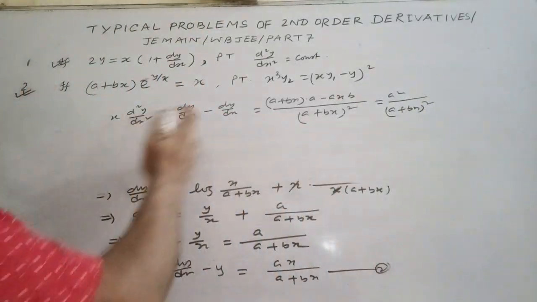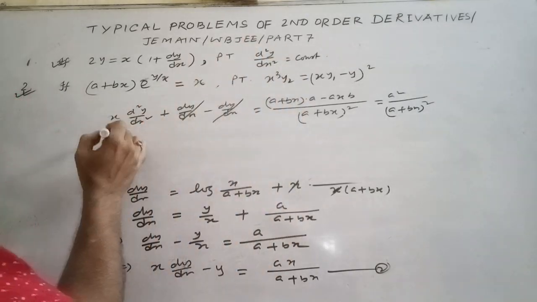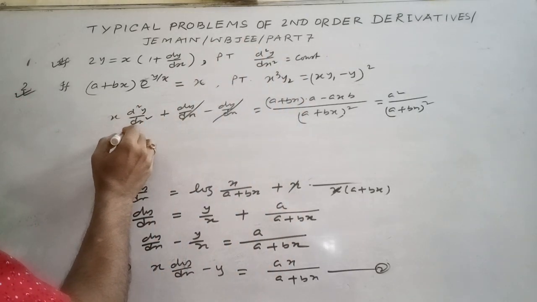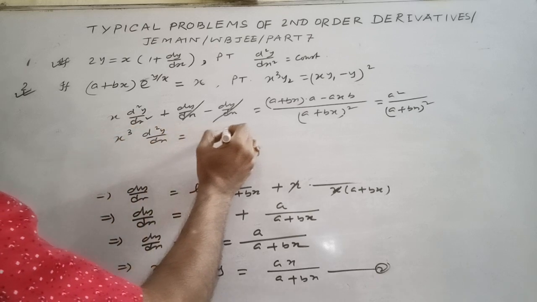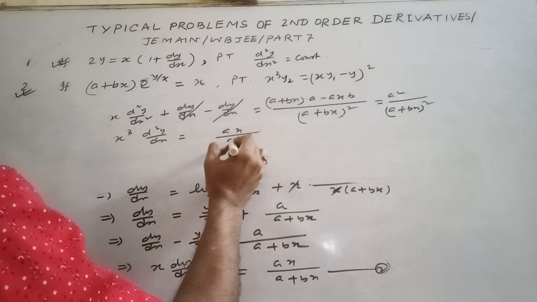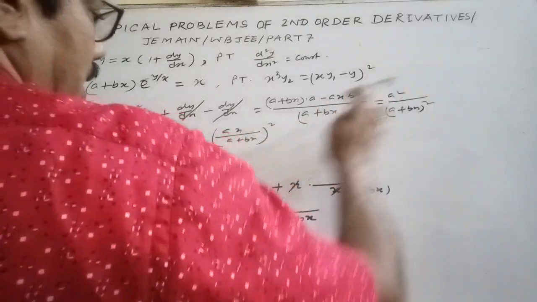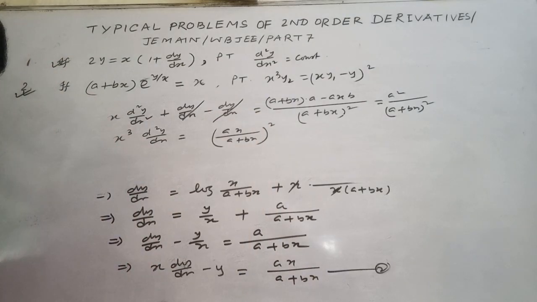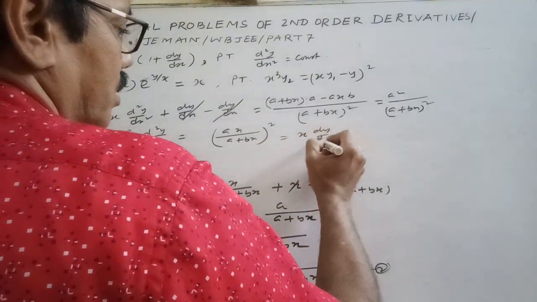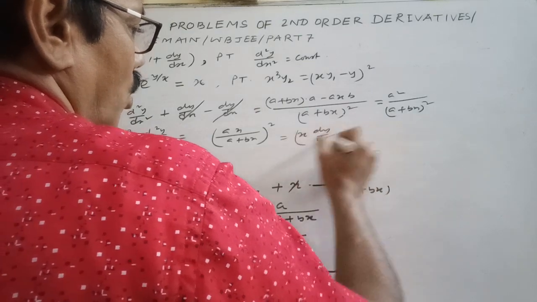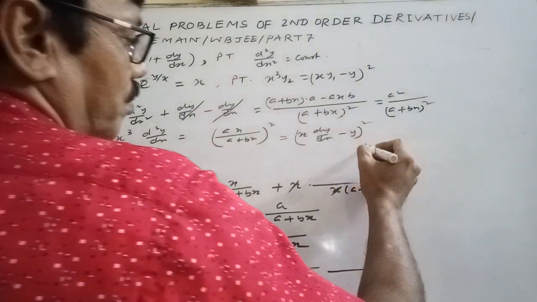Now this one is cancelled. So the final result is x³ d²y/dx². Multiply by x²: ax by a plus bx whole square, so a²x², that is (ax) whole square. Now this is (x dy/dx minus y) whole square. So we are getting the final result.